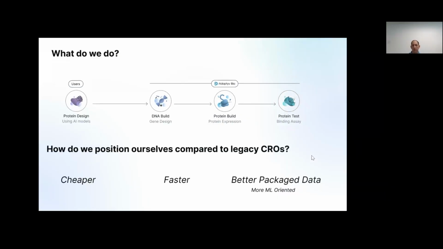This type of work is already being done today by legacy CROs, and we plan to do it in a faster, more automated way. So it will also be cheaper, and also we work specifically for computational protein designers, so the results are better packaged both for the software and for people, and I'll show you examples in a minute.